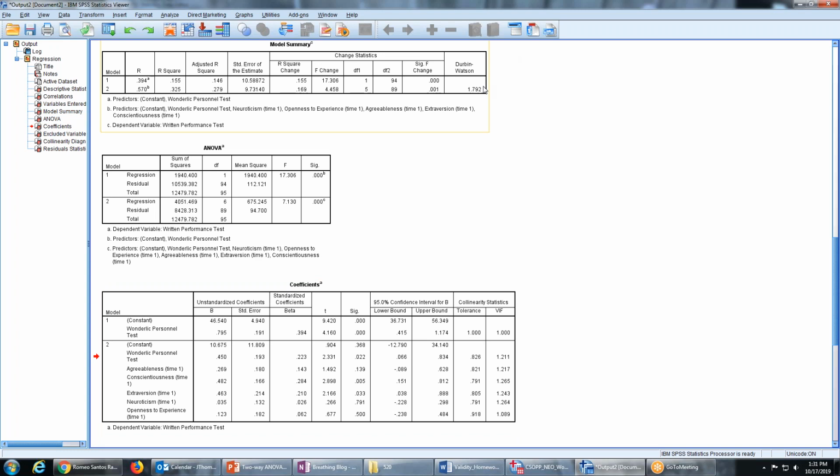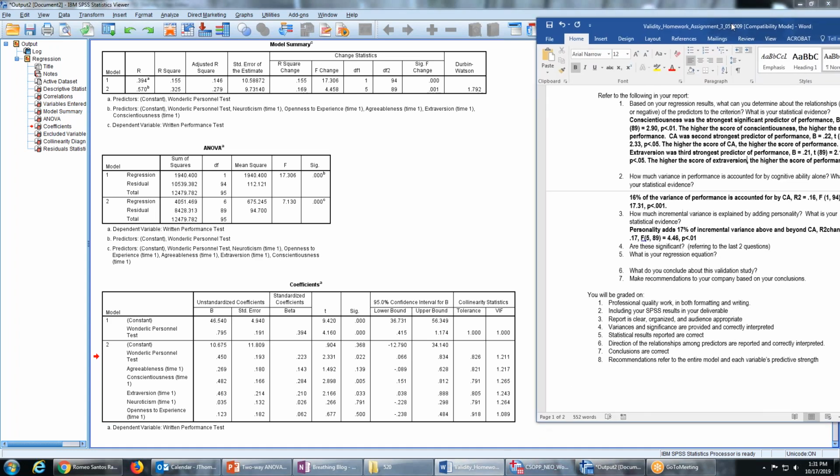Oh, there it is. That's not as close to 2 as I would like, indicating some autocorrelation, which is really a fault of how the study was set up, whether somebody was tested twice. But there's nothing we can do about that. I'm just pointing it out.